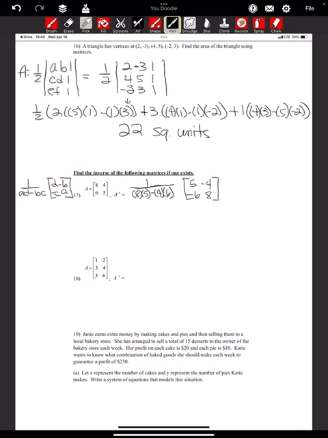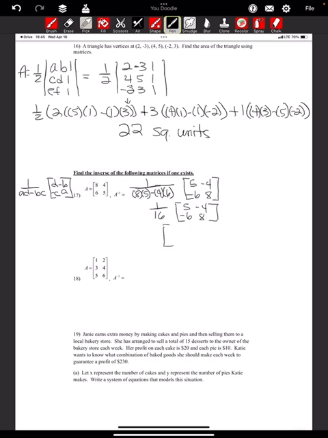Well, when we performed the bottom operation, we wound up with 1 over 16. And then we're now going to multiply that by 5, -4, -6, and 8. So we're going to multiply 1/16 by everything in the matrix.